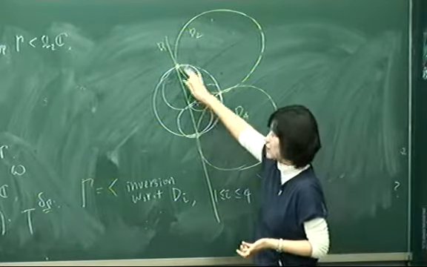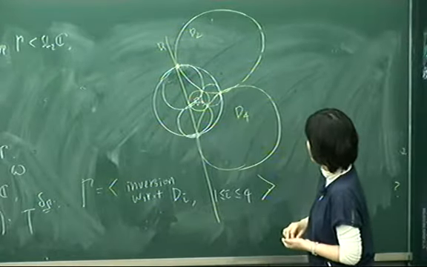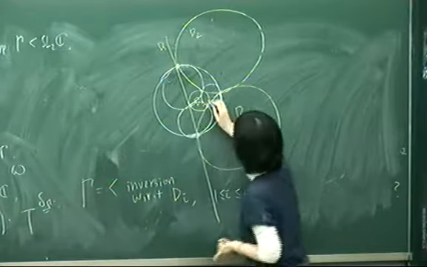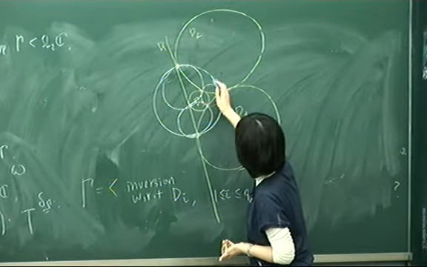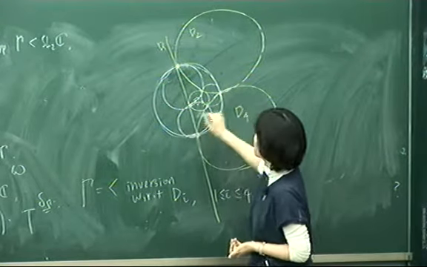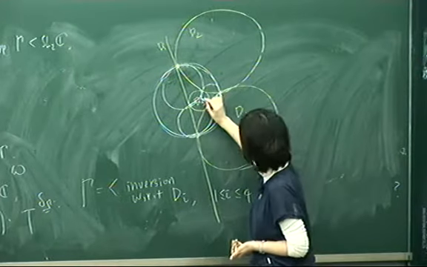Let's observe that in fact this Apollonian packing is invariant under this gamma. If I look at, for instance, this circle, and I invert it with respect to this yellow circle here, then I get exactly this one.